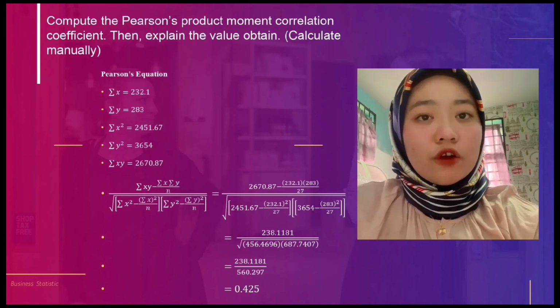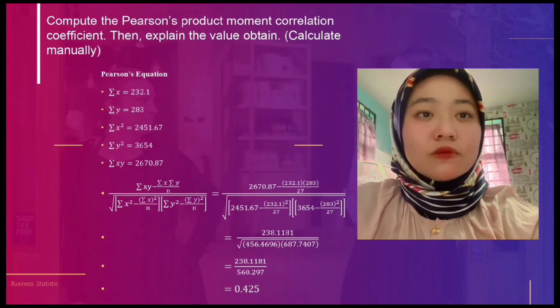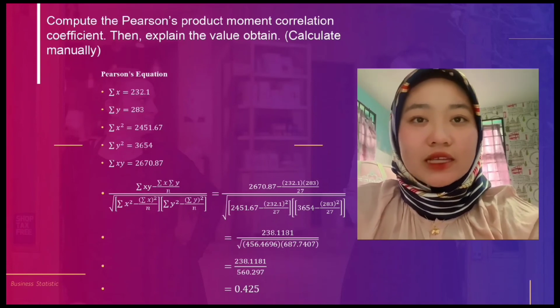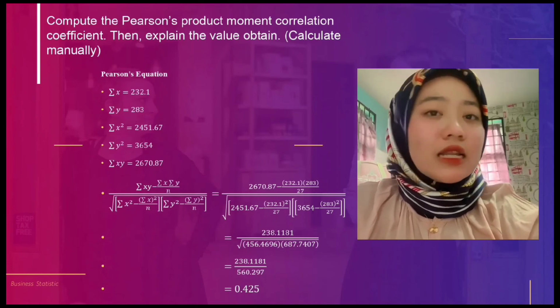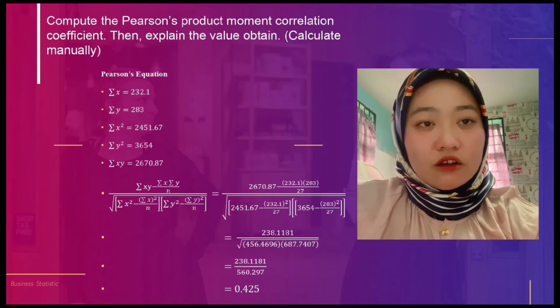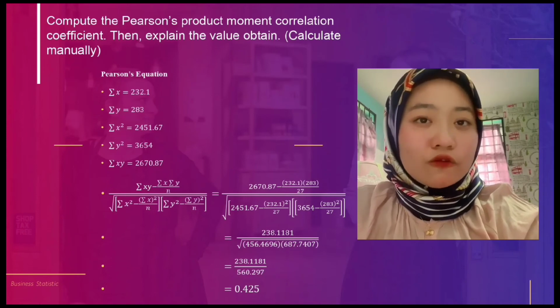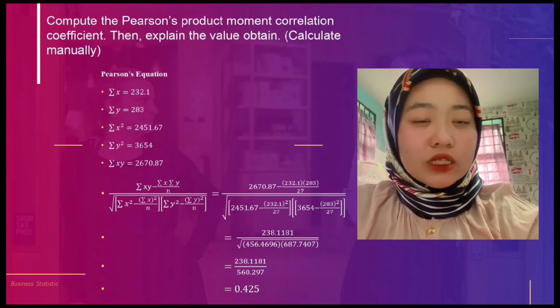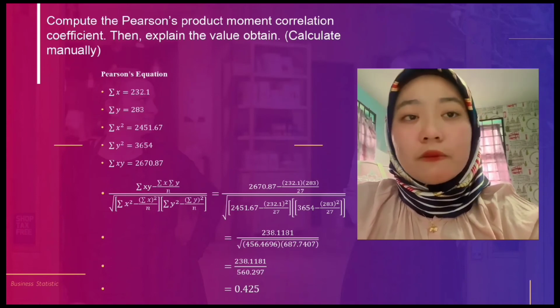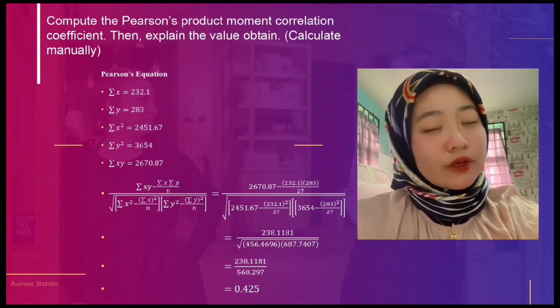The formula for Pearson's equation is summation of x times y minus summation of x times summation of y divided by n, over the square root of summation of x square minus summation of x to the power of 2 over n, times summation of y square minus summation of y to the power of 2 over n.